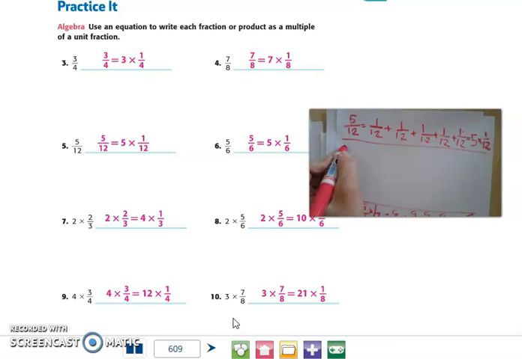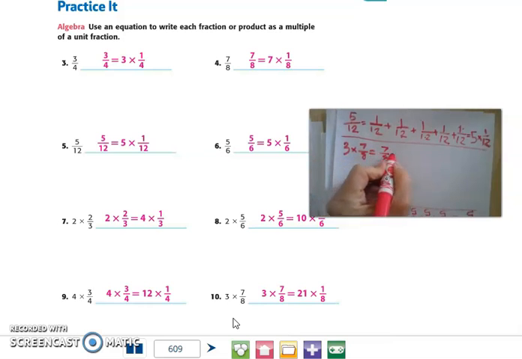Okay, so we've got 3 times 7/8, which is 7/8 3 times, right? 3 times 7/8 is 7/8 3 times. Now, if I've got 7/8 plus 7/8 plus 7/8, 7, 14, 21.